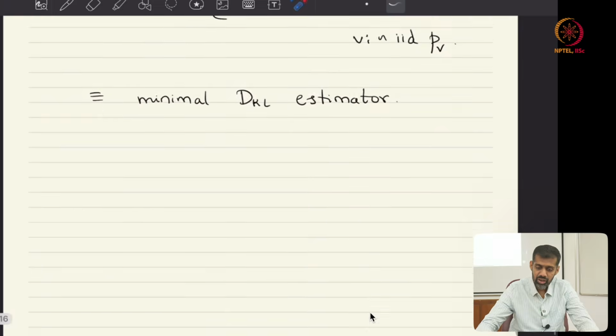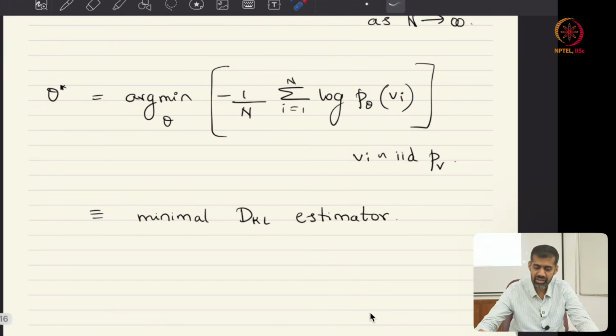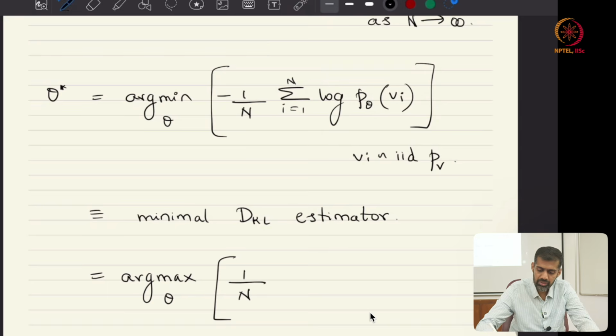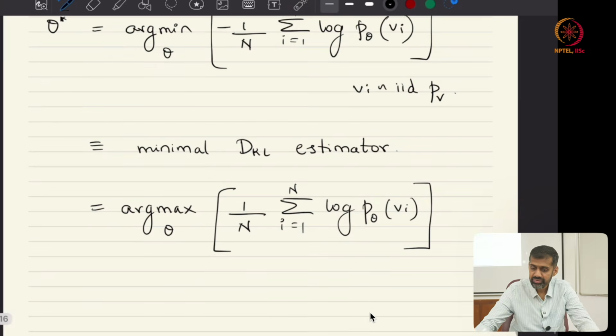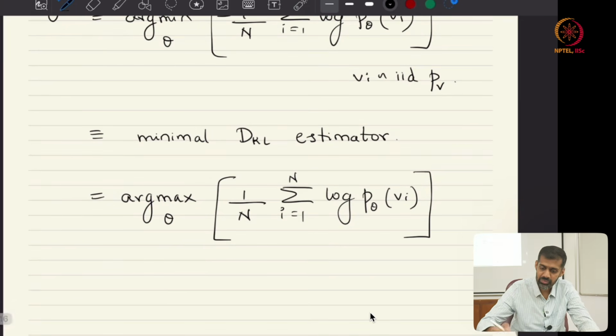Okay. Now this is what I call the minimal DKL estimator, but we also know that I can write this as the max over theta of this particular function, correct? Now I'll introduce some nomenclature. Remember I told you that p theta is the model distribution that we have assumed over the true data.